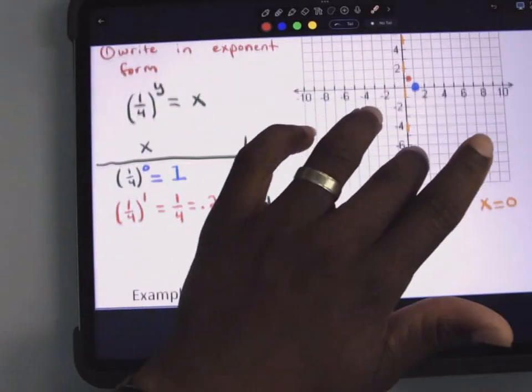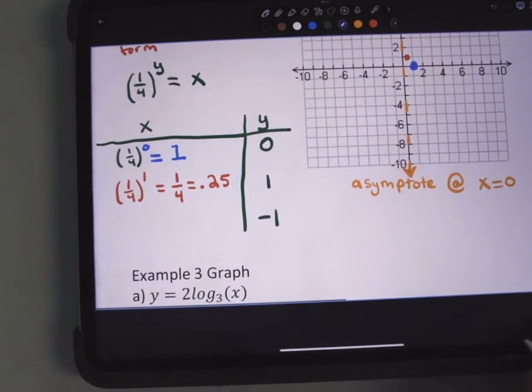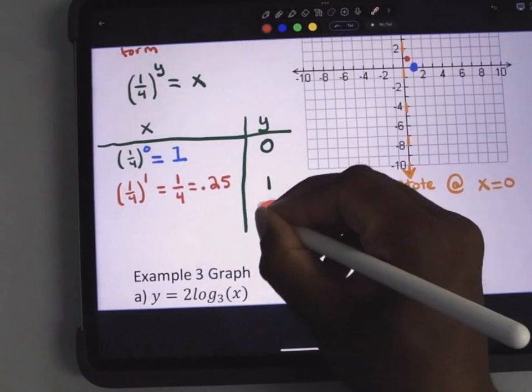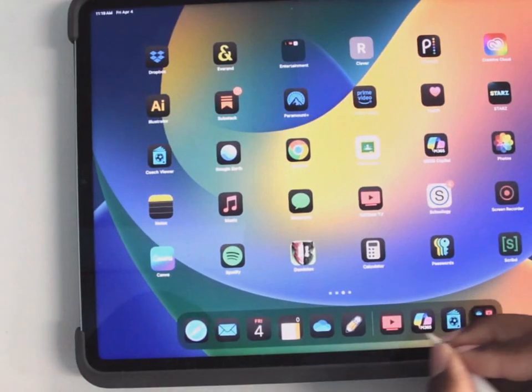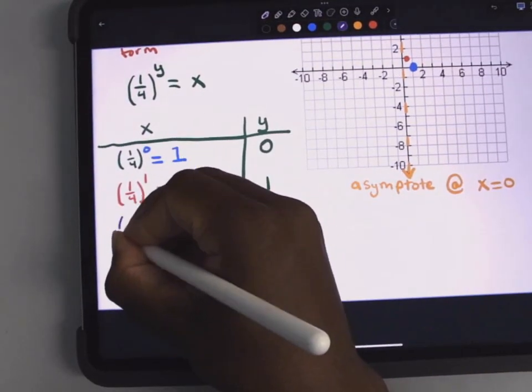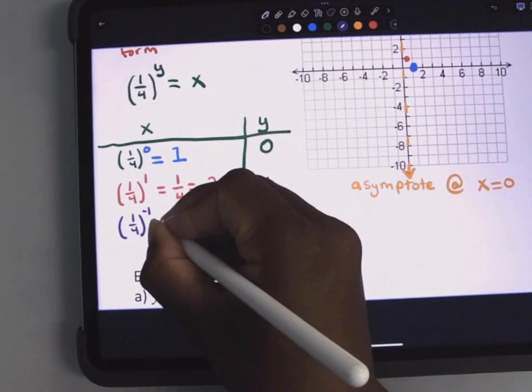Let's find one more point, and then we should be able to see what's going on. This time we're going to let y equal negative 1, and let's see what x value we get out. So we got 1 over 4 to the negative 1 power.